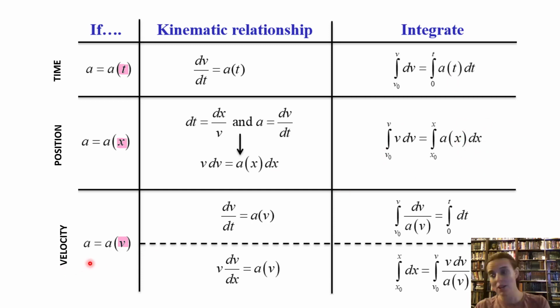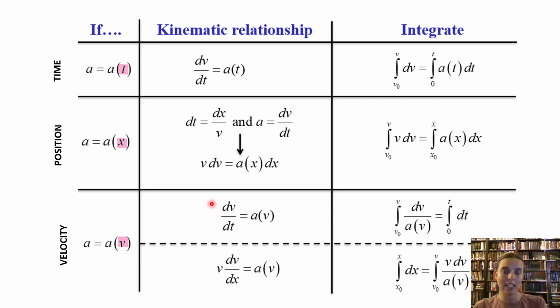There's one more scenario out there, and that's say we have acceleration as a function of velocity. So this would be a situation like drag, which is usually a function of velocity. And once again, we can manipulate this.